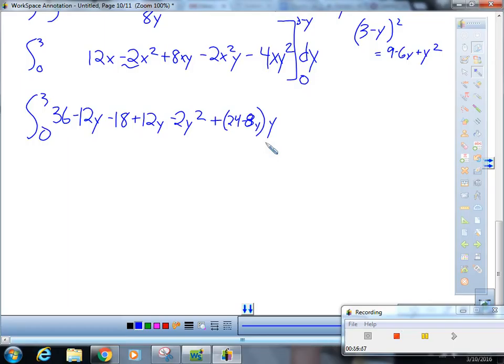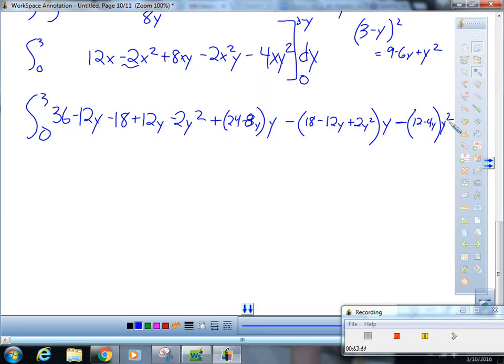And so minus 2x squared y, so minus 18y plus 12y squared minus 2y cubed. And then minus 4x times y squared, so 12 minus 4y times y squared. And I have a dy over there that you can't see.